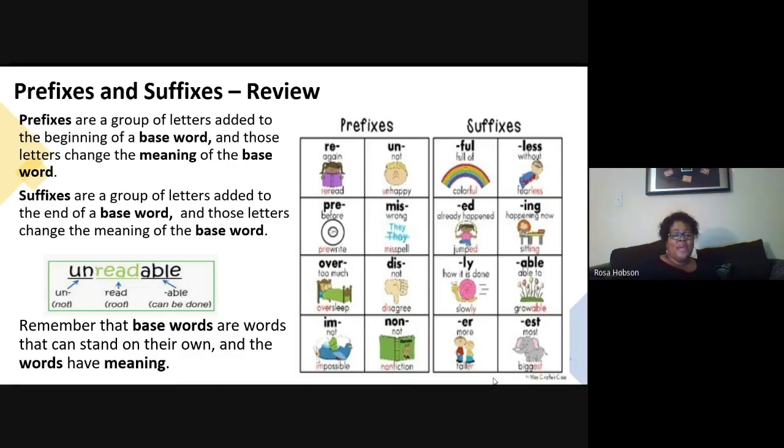But when we add un, the prefix, which means not, and able, which means can be done, it changes the word read to unreadable, meaning now it is not able to be read. It's unreadable. You can't understand it. So remember that base words are words that can stand on their own, such as read. And the words have meanings.